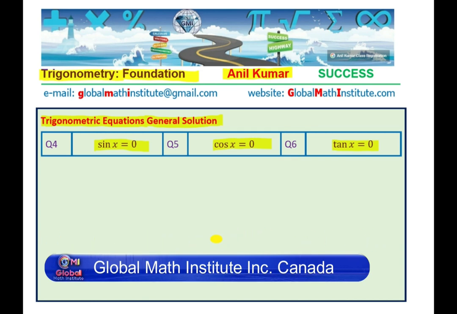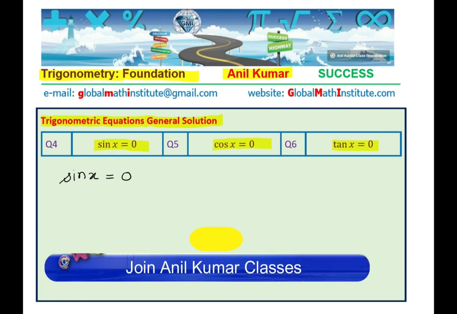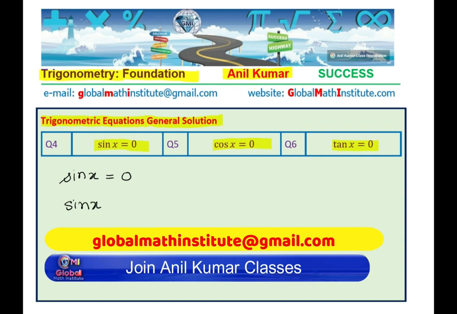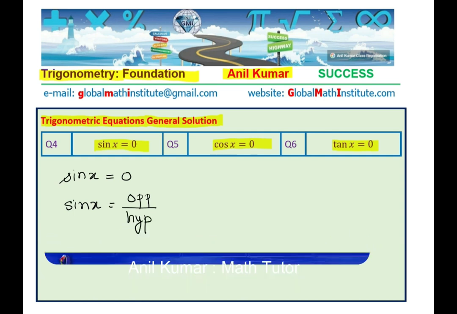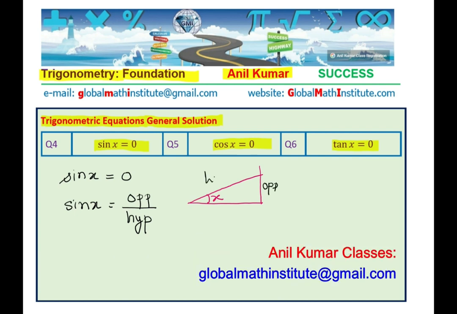Let's begin with the very first question here, which is sin x equals to 0. Now, sin x, as you know, is a ratio in a right angle triangle where sin x is opposite side over hypotenuse. So if I form a triangle, let's say this is my right angle triangle, in that case, angle x being this, opposite side is right there, and this is the hypotenuse.